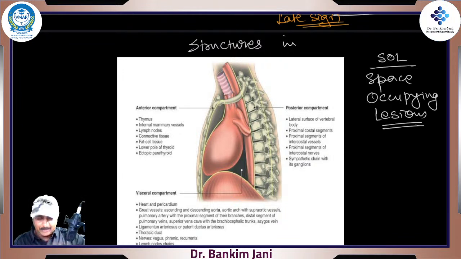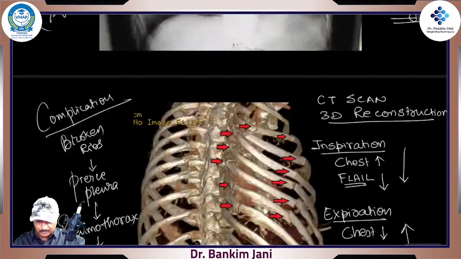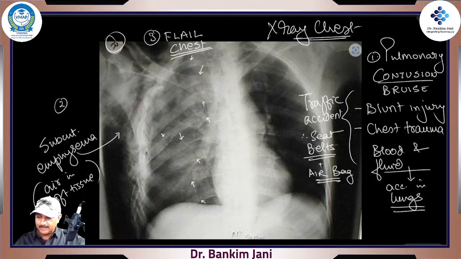Pulmonary contusion is usually present in this case, but every time it might not be. But when we talk about flail chest, it is broken ribs. So let's be clear: there are three things you find: pulmonary contusion is one, subcutaneous emphysema is second, and flail chest is third. Got it?